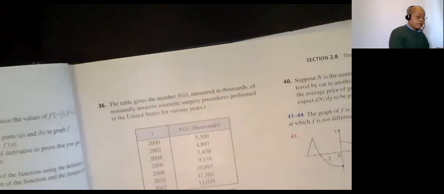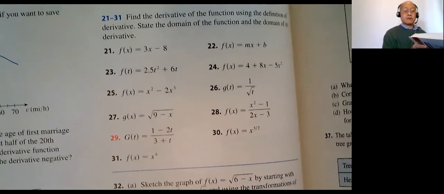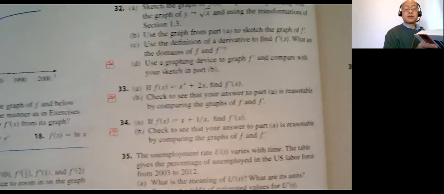How high do we have to go? 44, I guess. I don't think we had any of those. So there are those. We have to find derivatives of those. We might get to some of those today.